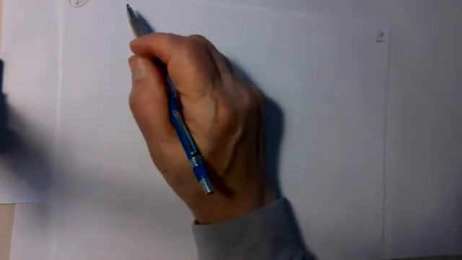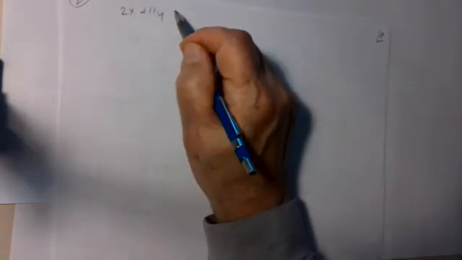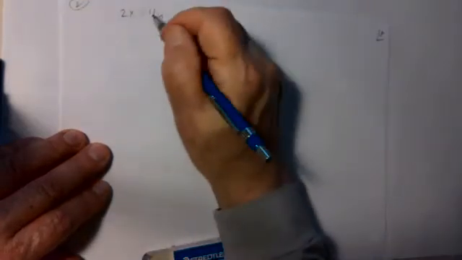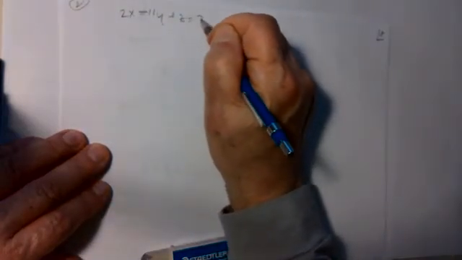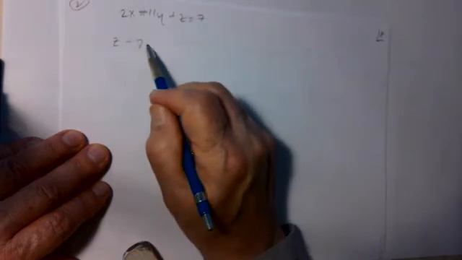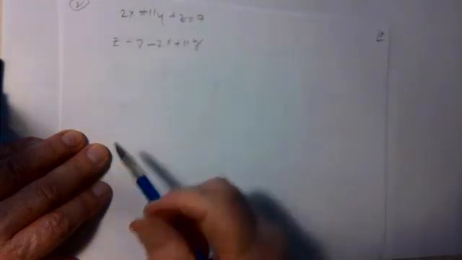So problem 2, we have one equation in 3 variables, 2x plus 11y, minus 11y plus z equals 7. And again, if you look at this equation, you can say that z is 7 minus 2x plus 11y.